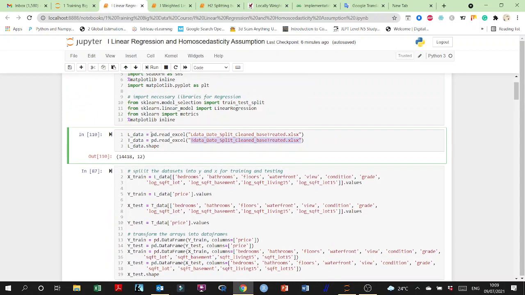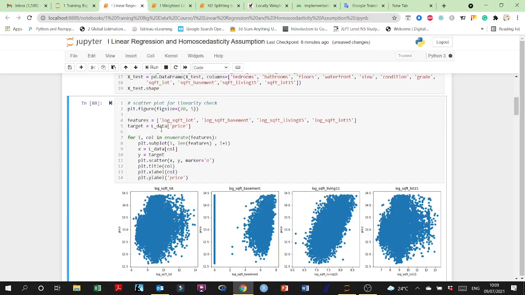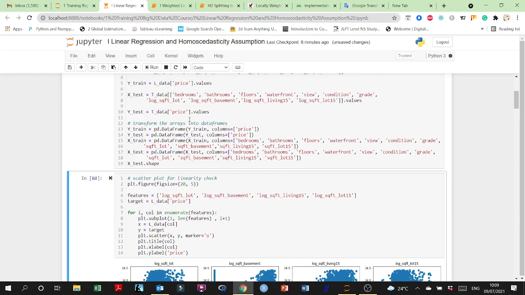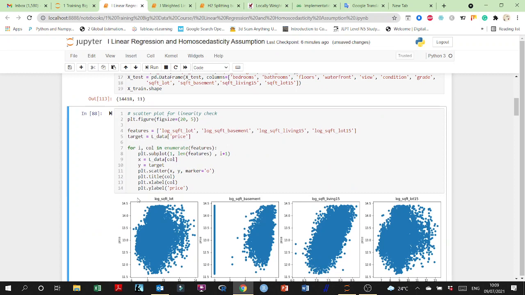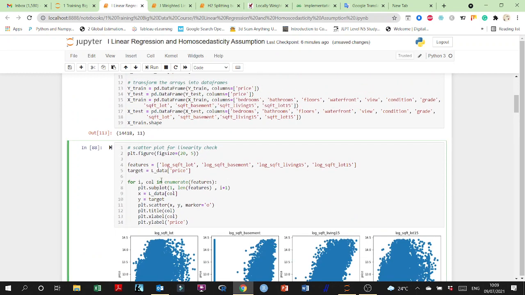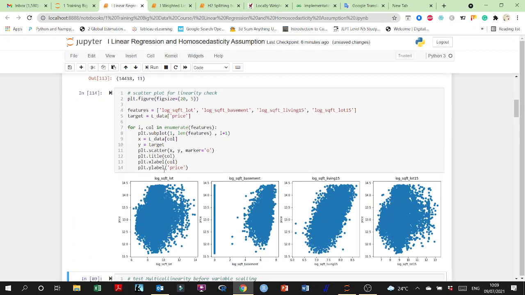So now that we read the learning and testing data after total cleaning and smoothing, we were able to make sure that the X test and the X train, for example, are data frames and they are the right shape. Then we did the very quick plot for the linearity.